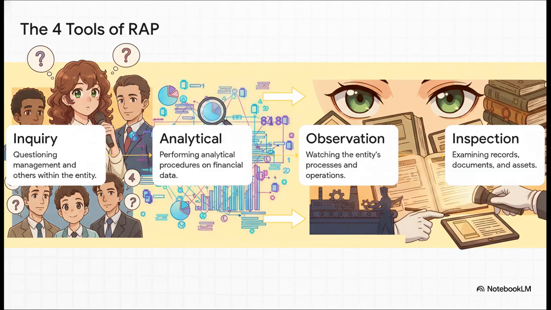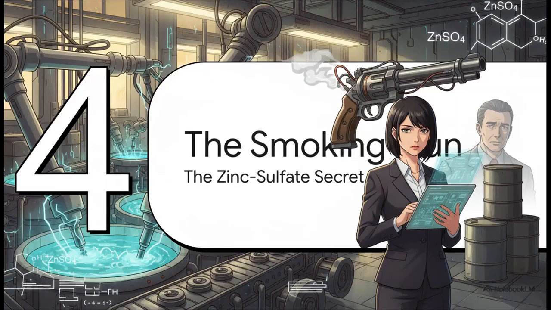This is where you get your hands dirty, examining physical records and documents. An auditor has to use all 4 of these to really get to the truth. And it's by using these exact tools that we get to the real heart of the mystery, the electroplating division at Titanium Robotics. Now, remember, this is the exact area the CFO tried so hard to hide from them.